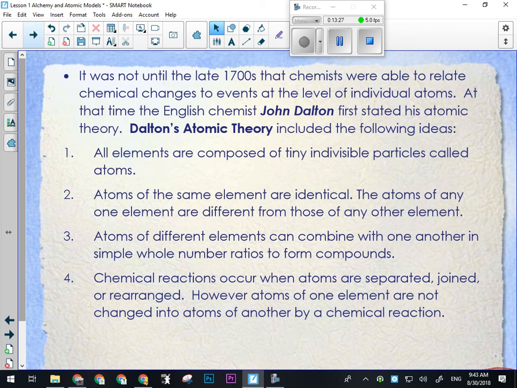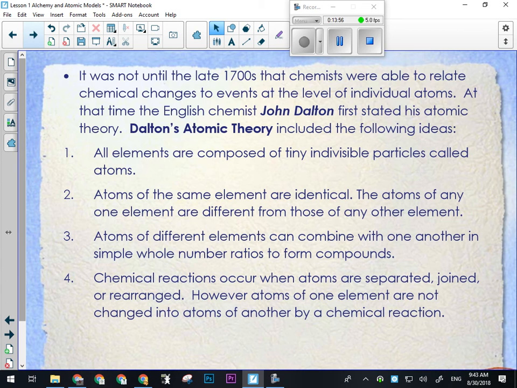Dalton came up with these points as a result of a lifetime's worth of work in chemistry, looking at reactions and what the reactants, the starting materials, and products were, the behaviors of the materials during a reaction. What he discovered was what he put into this theory.